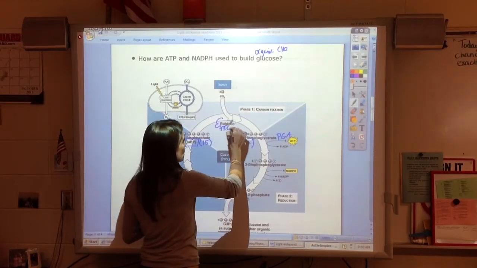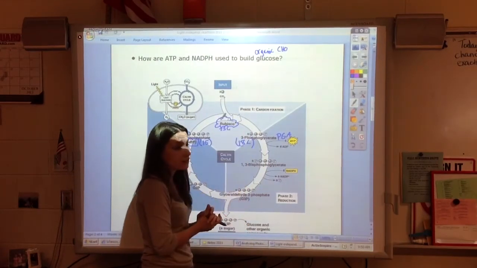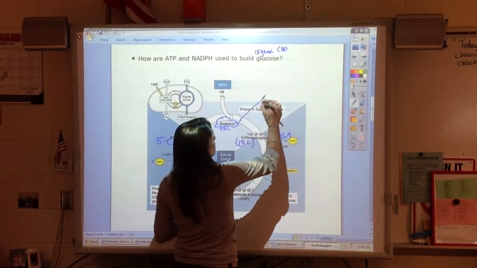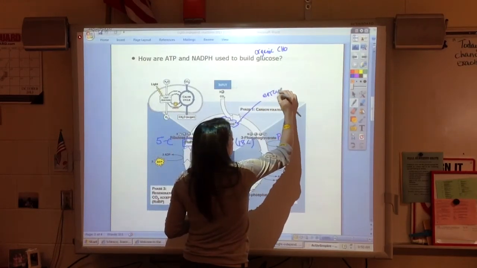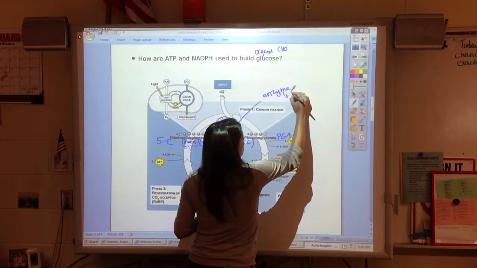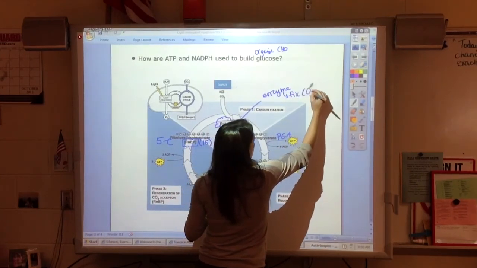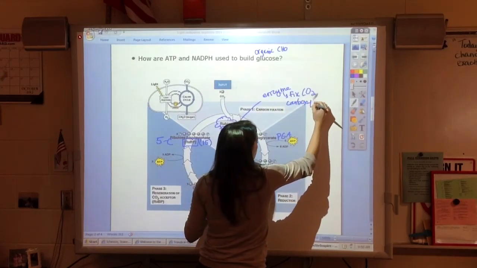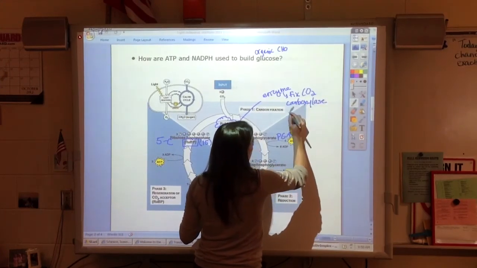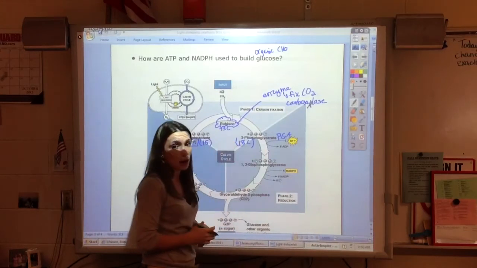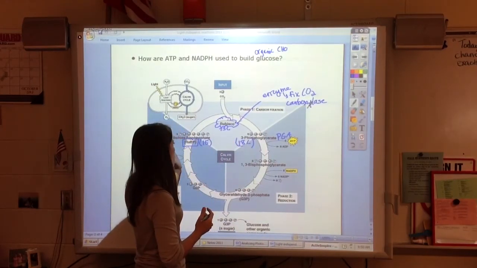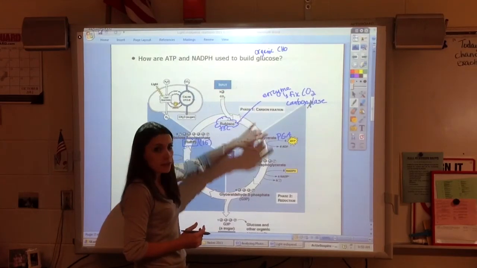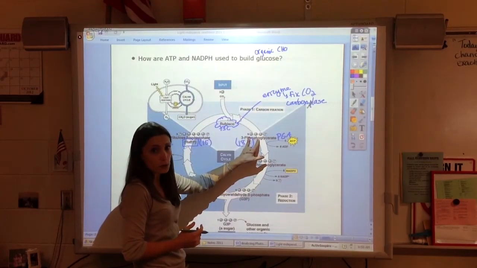And here is probably the most important part of the Calvin cycle, this enzyme Rubisco. Rubisco is the name of the enzyme, and it is going to fix CO2. So it is going to act as a carboxylase. It is going to add carbon on. And so we have our intermediate, we add our carbon on, and we have these smaller molecules.